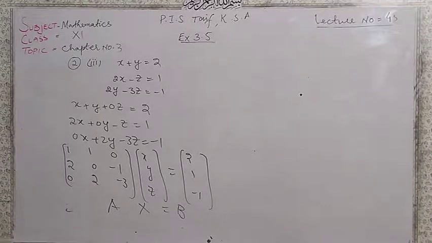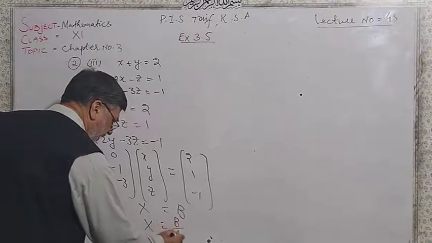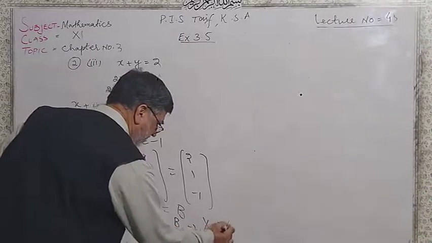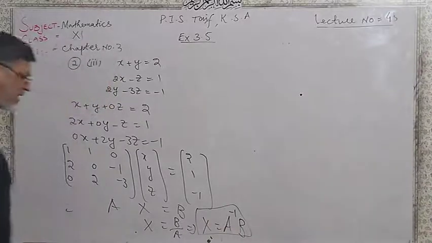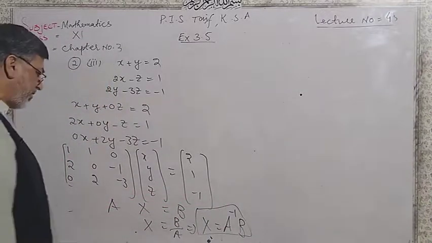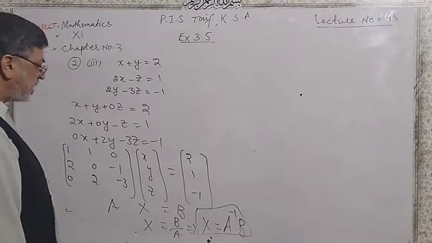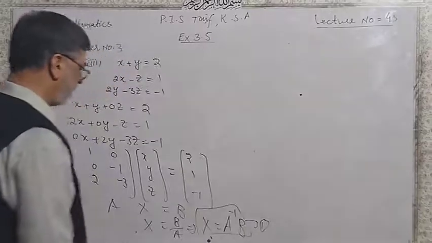Actually, we have to find the inverse of the matrix. So X is equal to B over A, which implies that X is equal to A inverse B. You will not write B A inverse. Remember that B A inverse will not be simplified. You cannot solve that. This is A inverse B. This is equation number 1.